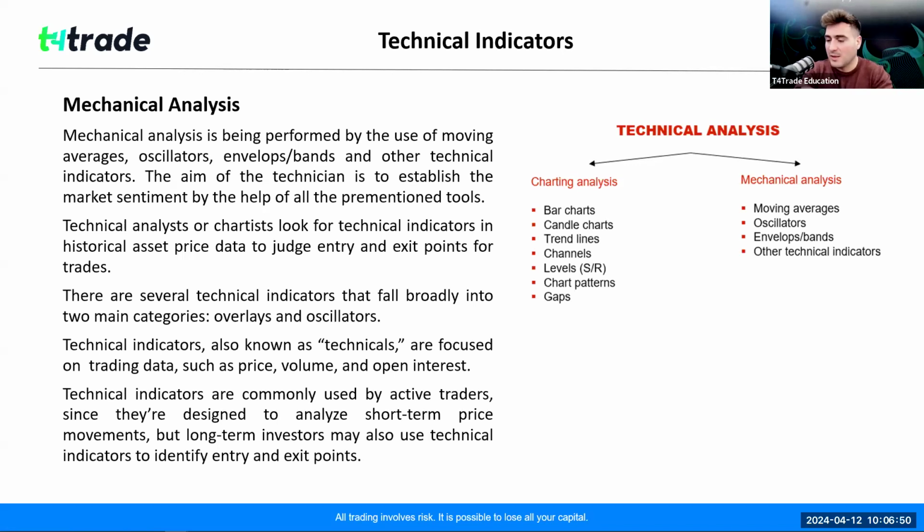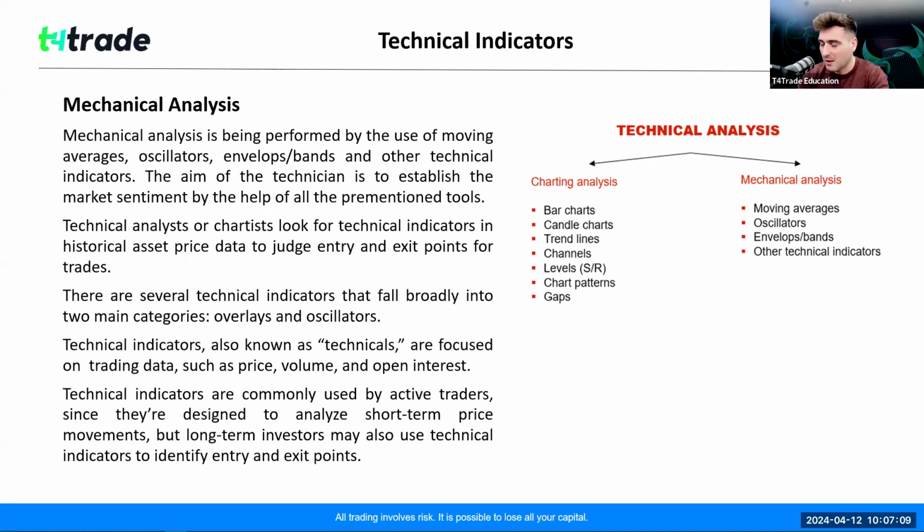We discussed in the past that when you use charting analysis tools and techniques, you're going to probably come across drawing manually on a chart for resistance levels, identifying gaps and chart patterns, drawing trend lines and channels and all that kind of stuff.